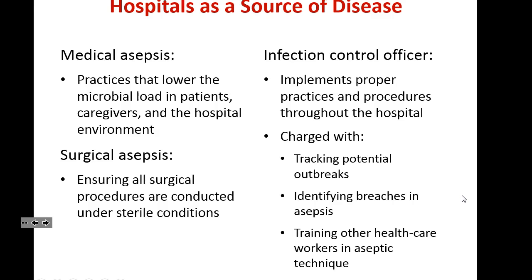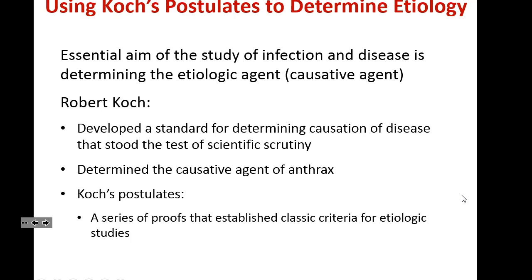We already know that all of their instruments should be what? Sterilized. An infection control officer implements proper practices and procedures throughout the hospital. He or she is charged with tracking potential outbreaks, identifying breaches in asepsis, and training other healthcare workers in aseptic technique. You know about the aseptic technique, don't you?